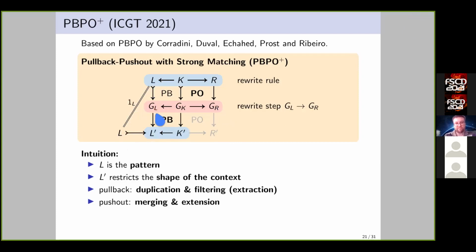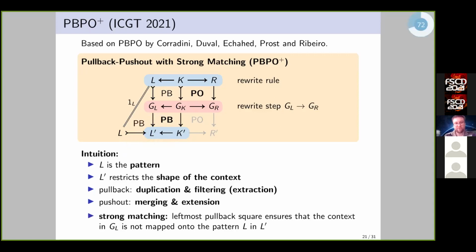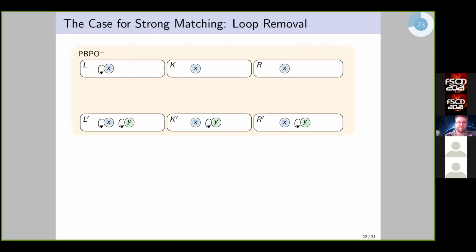So this L is embedded, the left-hand side pattern is embedded in the host graph, but it's also embedded in this type graph L prime. So we have an embedding of L into L prime. Now, if we compute the pullback of this span, we require that this gives this identity along this line. I'm not going to go into details. I will just show an example what this strong matching does for us.